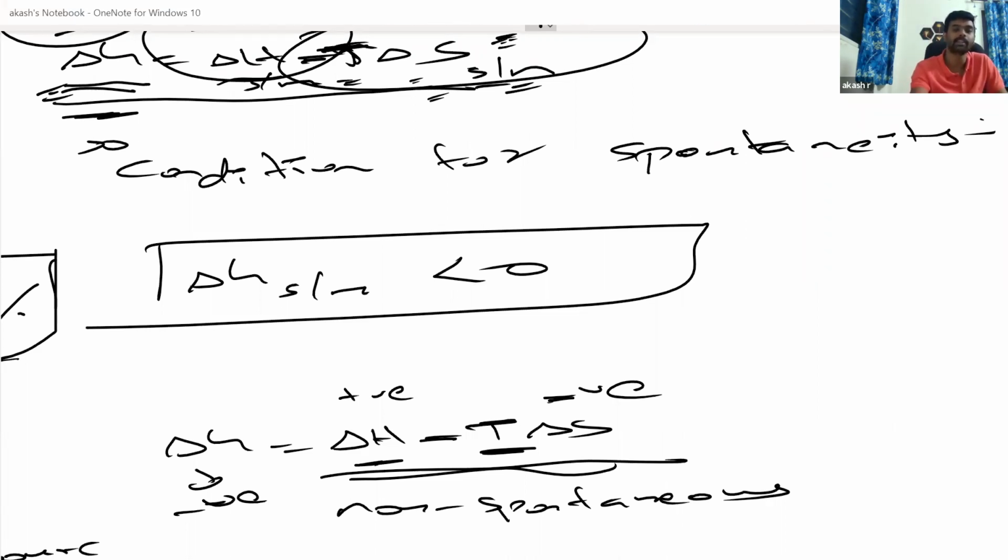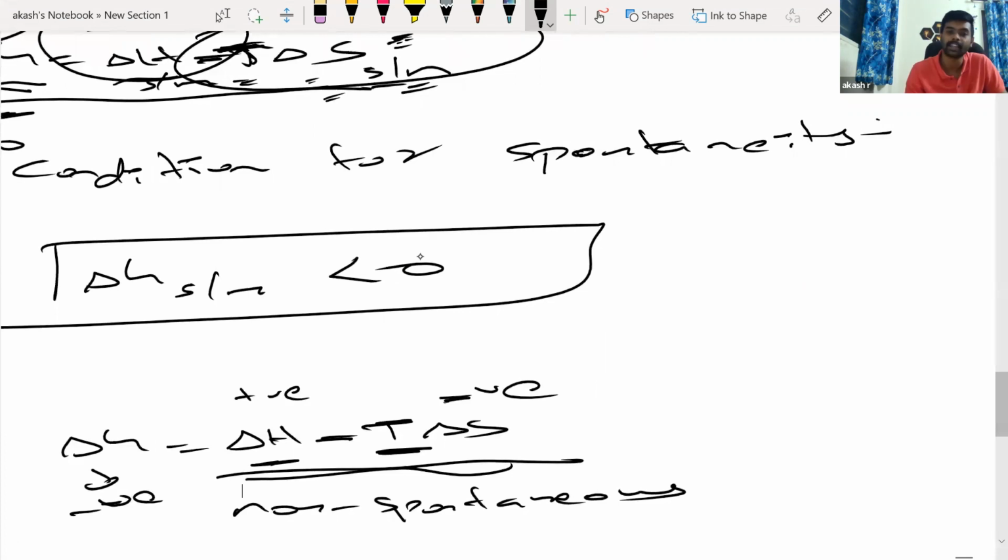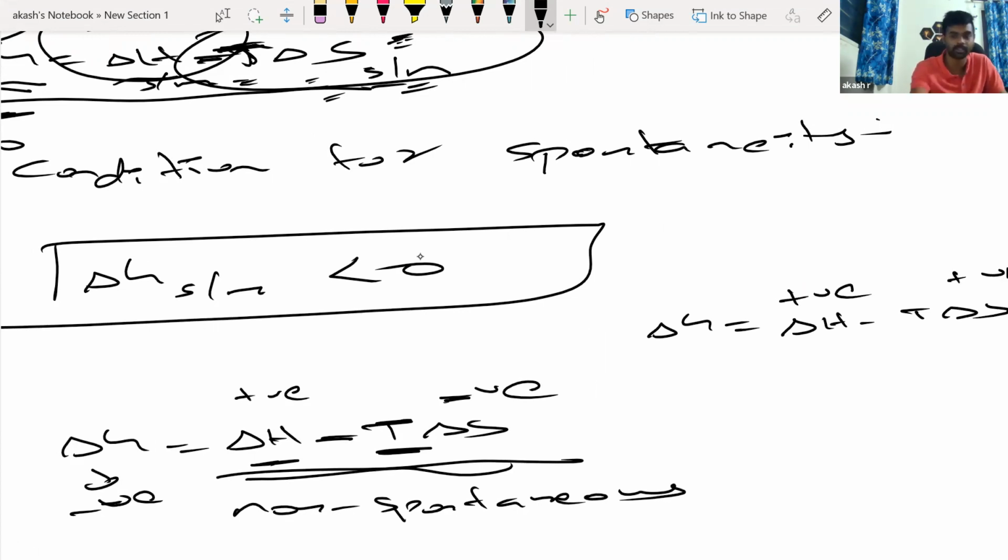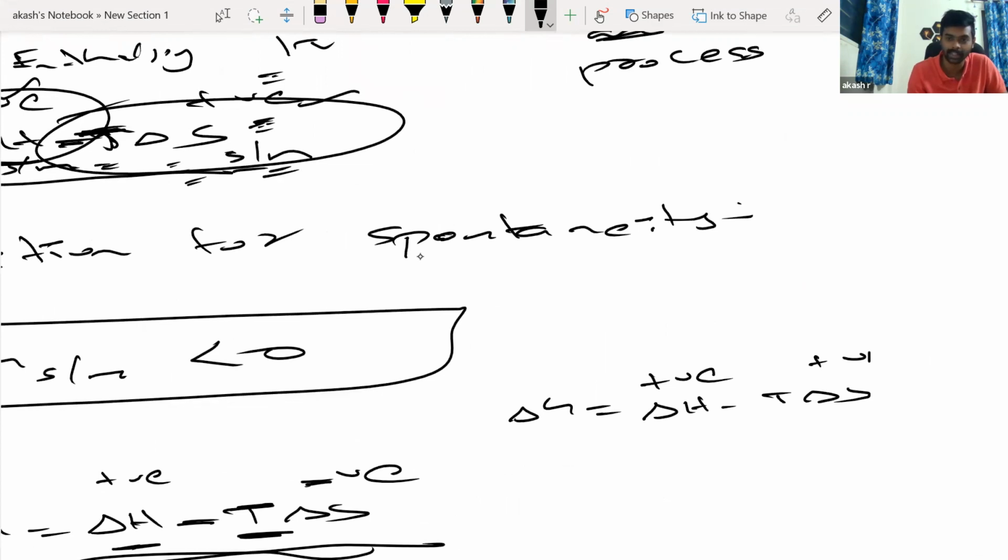Say another case we can take. We have delta G is equal to delta H minus T delta S. Say now I'm telling that delta H is positive and delta S is also positive, right? Now this is a positive term. Now negative into positive, this term will be a negative term.